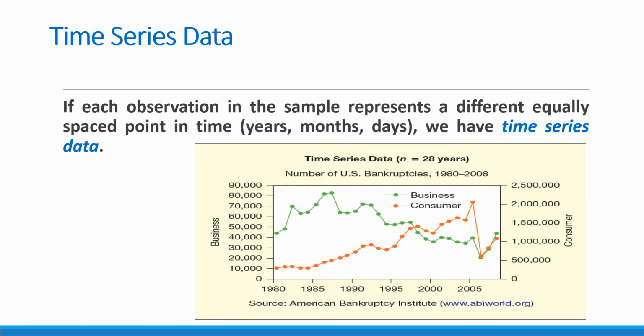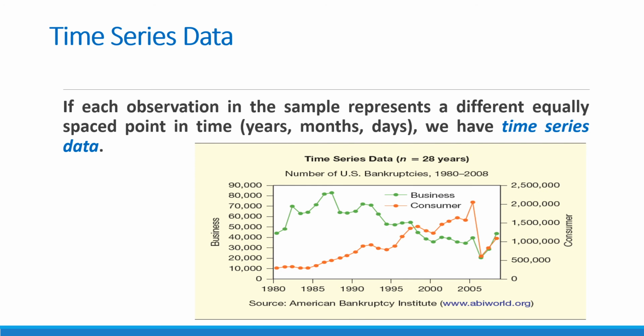It's very important to distinguish between two types of data known as time series and cross-sectional data. For time series data, if each observation in the sample represents a different equally spaced point in time, we have time series data.